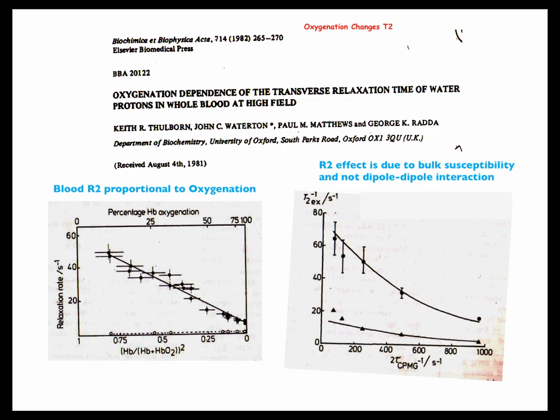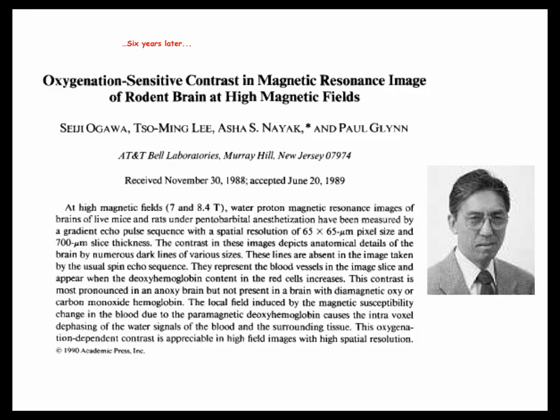So he modulated his pulse sequence such that he proved that it was the magnetic fields around the red blood cell that was changing the T2, as opposed to water molecules directly interacting with the molecules in the red blood cell. That was not the mechanism. I'm not going to go into the pulse sequence, but it was a very important thing to prove.